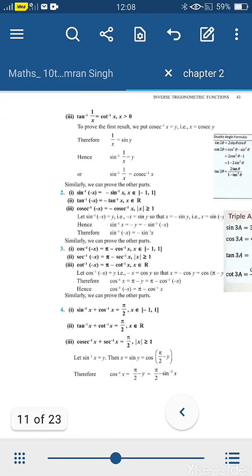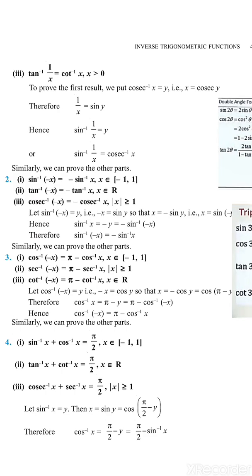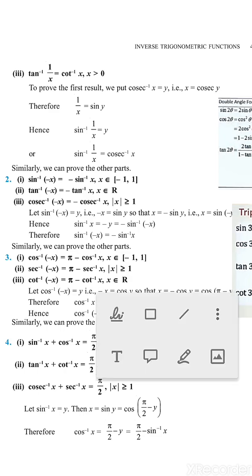Moving on with the next property now. These are sine inverse of minus x is equal to minus sine inverse x, tan inverse of minus x is equal to minus tan inverse x, cosecant inverse of minus x is equal to minus cosecant inverse x.